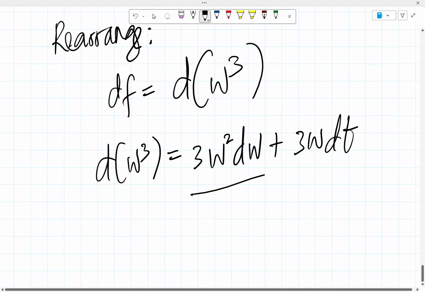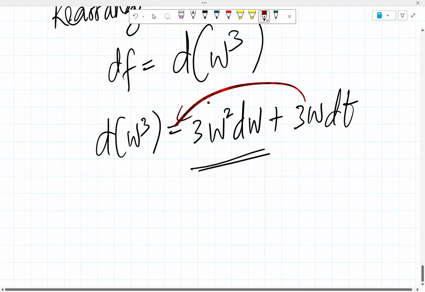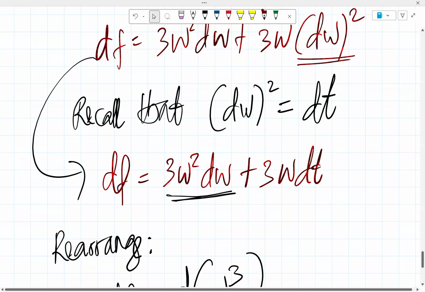So we can free this, let it go to the other side, or transfer this one here, so that we have d of w cube minus 3w dt. Okay, what's happening here?